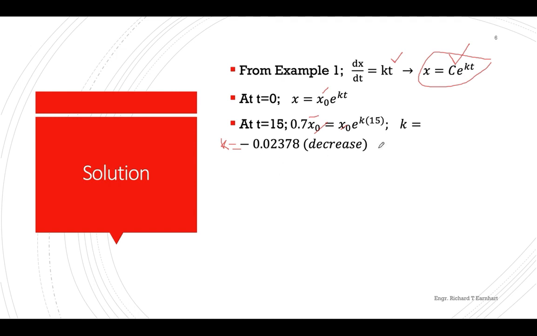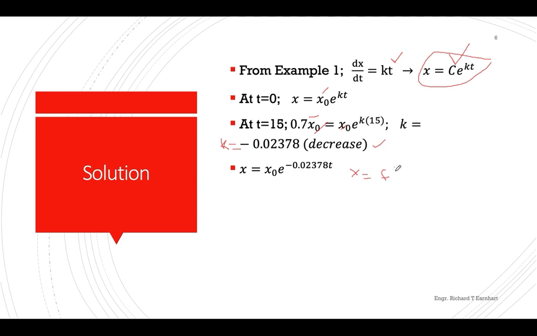Now the negative sign here indicates a decrease in the amount of x. And this is your x as a function of time.